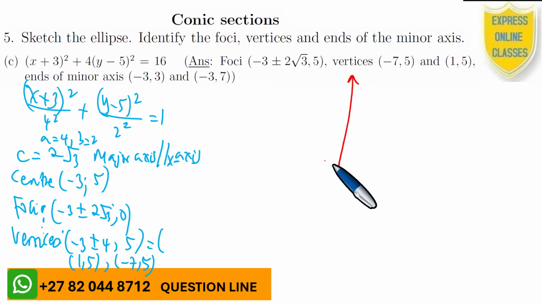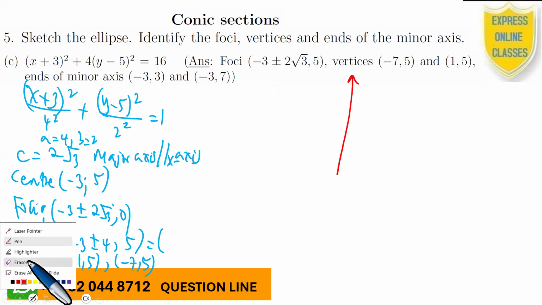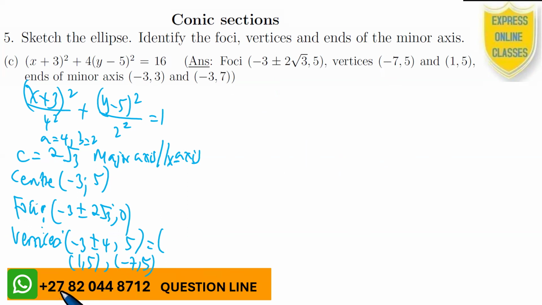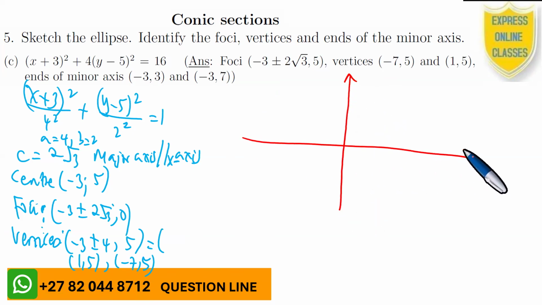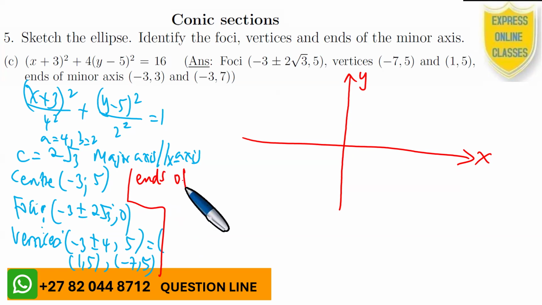Right, so now the vertices would be these ones. And then the ends of the minor axis.